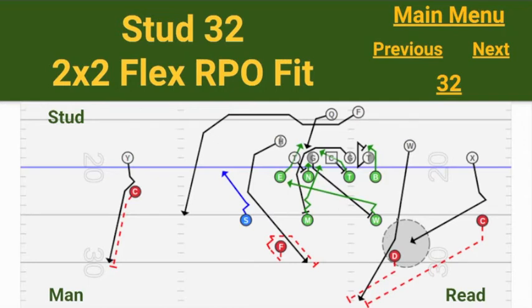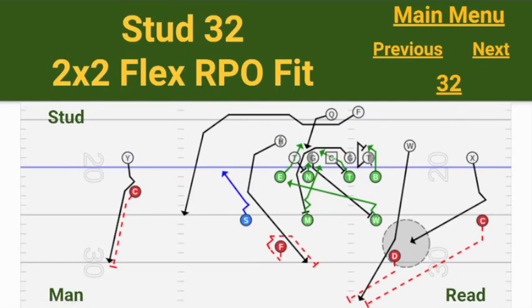I think our deep safety will be able to still stay on top and inside of the vertical of 2, but our corner with the seam read out of his key of the number 2 going vertical, he works to play the outside deep quarter there and protect the post corner if number 2 runs that. So that slant's going to end up wide open.